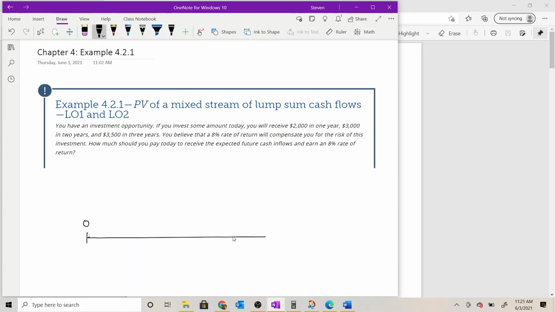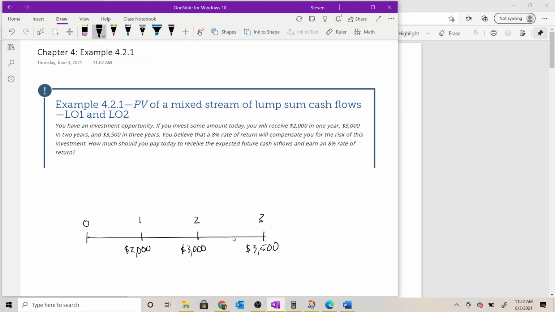So there's nothing happening at time period 0. At time period 1, we will have a cash inflow of $2,000. Time period 2, we'll have a cash inflow of $3,000. And then at the end of year 3, or 3 years from today, we'll have another cash inflow of $3,500.